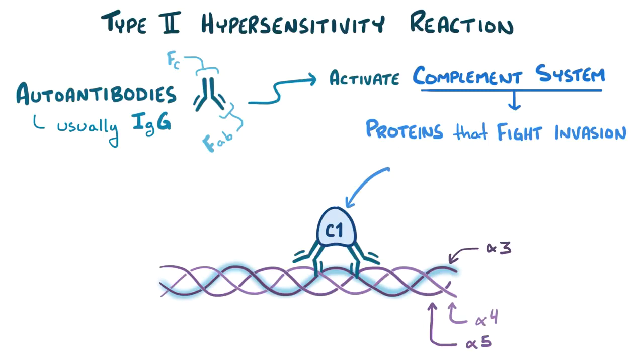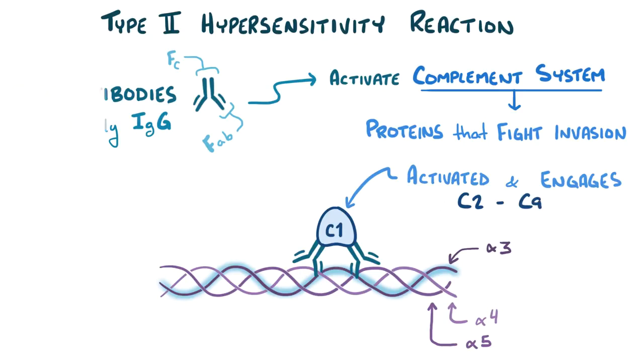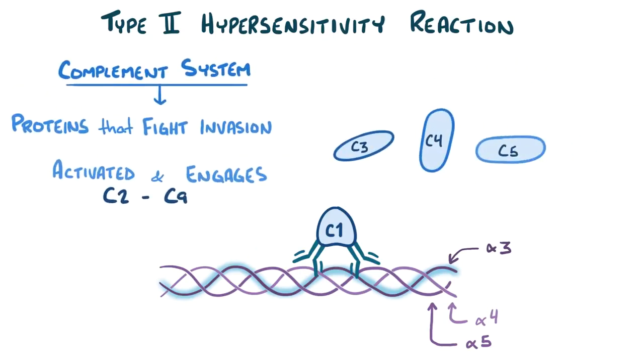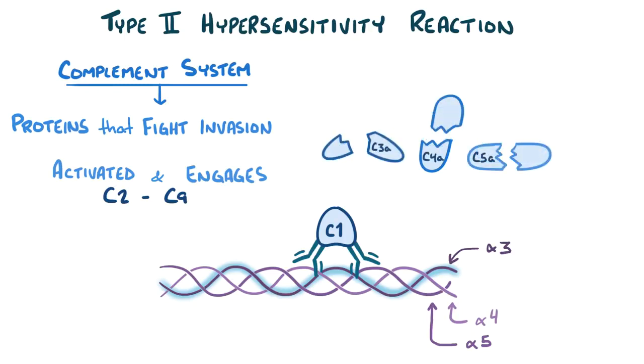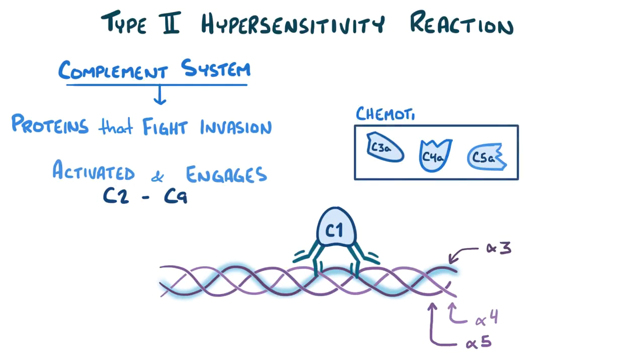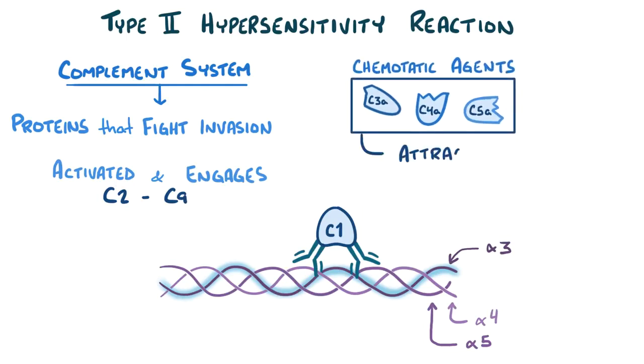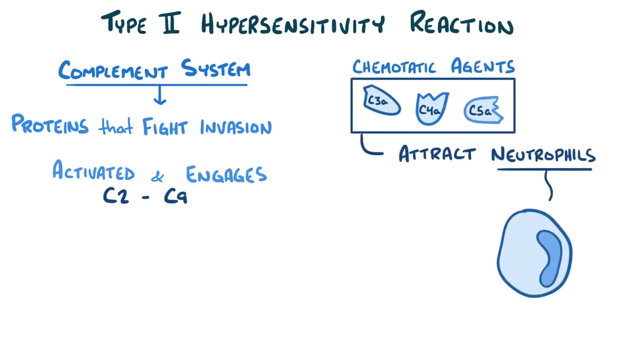This bound C1 is now activated, and it starts engaging other members of the complement family, C2 through C9. Some of these are activated by being cleaved or chopped by an enzyme. The cleaved fragments C3a, C4a, and C5a act as chemotactic agents, meaning they attract certain cells like neutrophils.